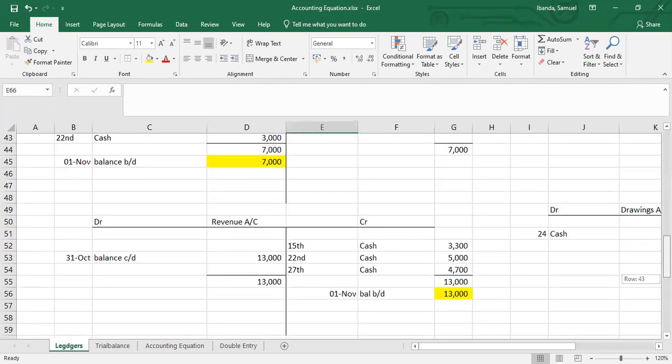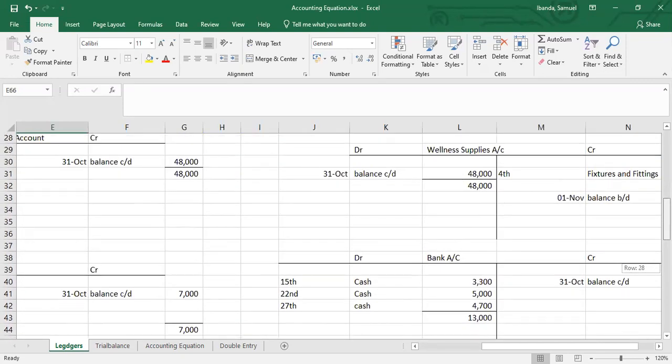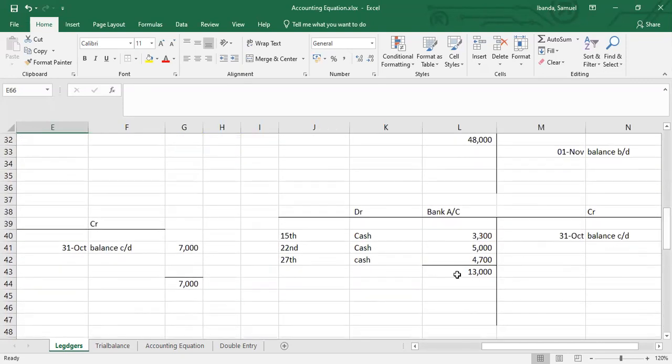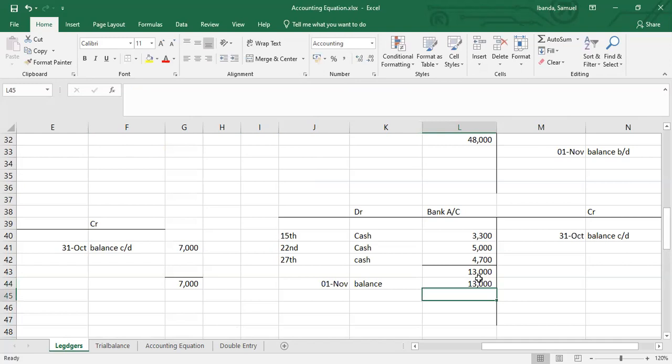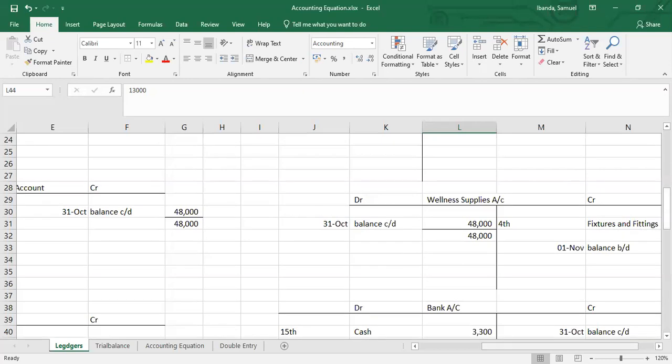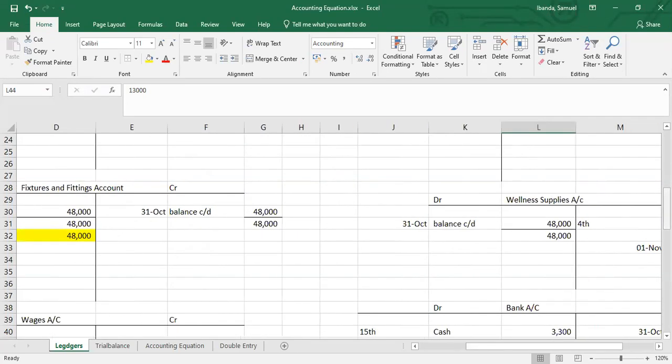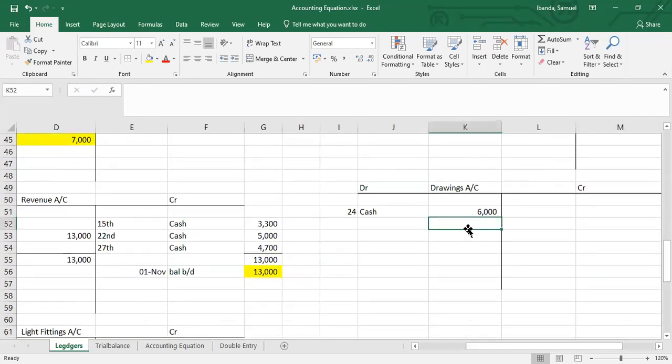Then there's a neighbor account here. I didn't write a balance here. 1st November, balance 13,000. Wellness have balanced it off.